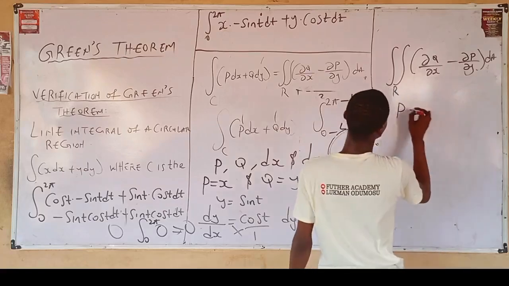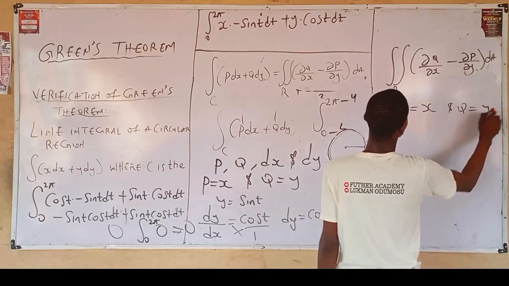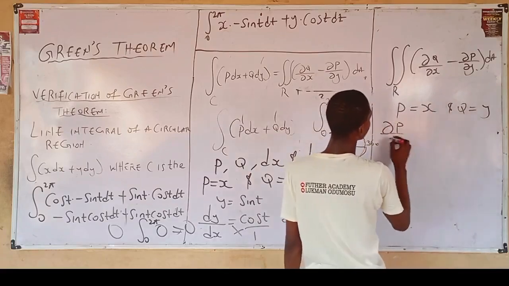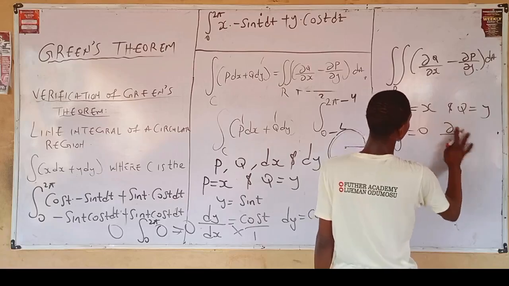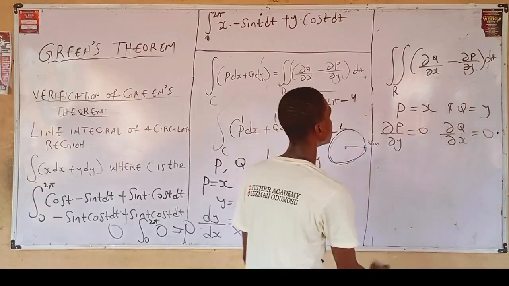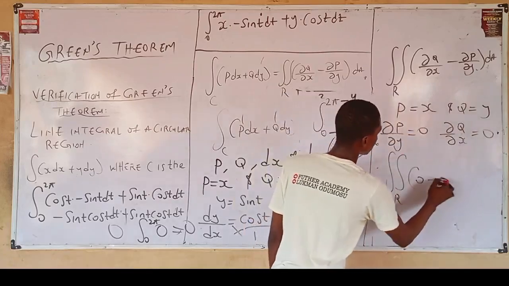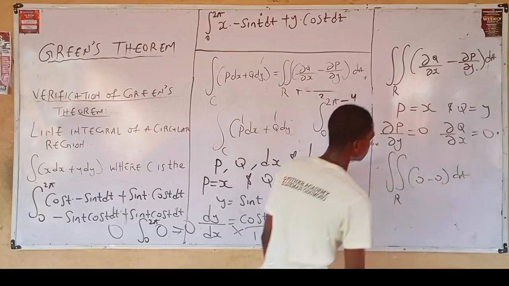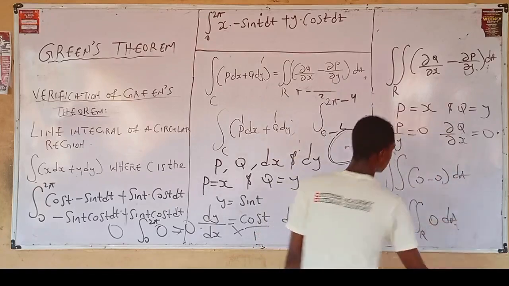If P is equal to x and Q is equal to y, the partial derivative of P with respect to y is 0, and the partial derivative of Q with respect to x is 0, right? Therefore, you have the integral over R of 0 minus 0 dA, meaning the double integral over R of 0 dA.